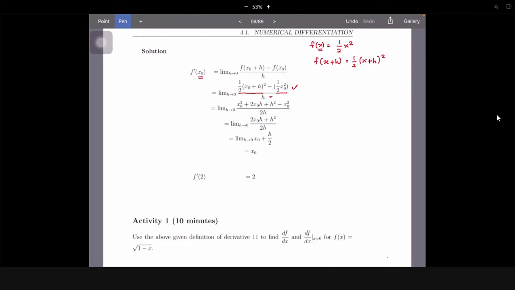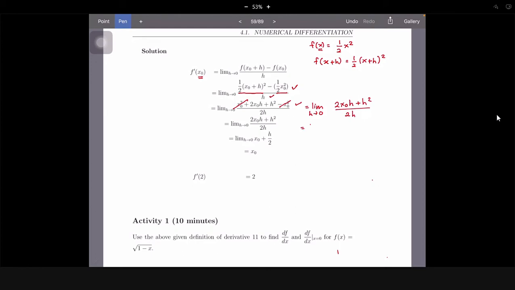And then what's next? Dia simplify. Okay. X naught square tambah 2x naught h. Okay. Dapat yang ni. So kat sini apa yang dia buat adalah cancel out this part. So akan dapat 2x naught h tambah h square over 2h.